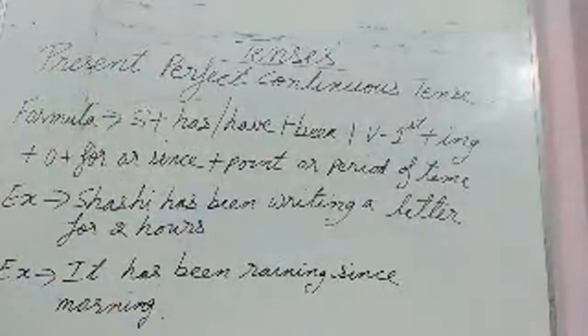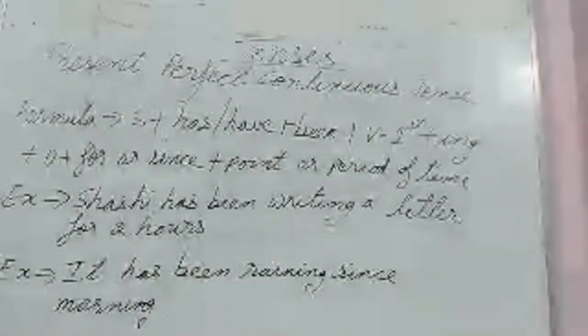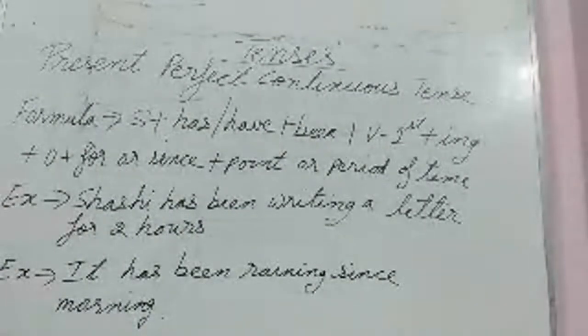The next example is: it has been raining since morning. So these are the two examples related to the present perfect continuous tense.